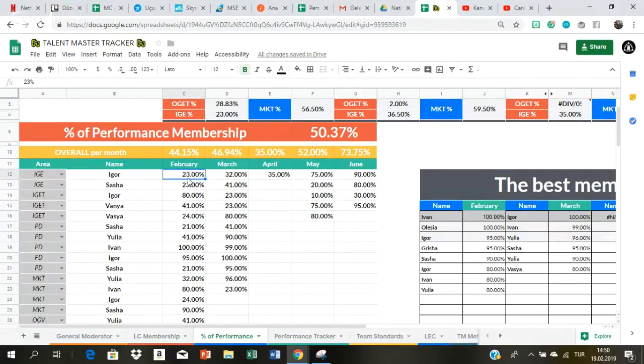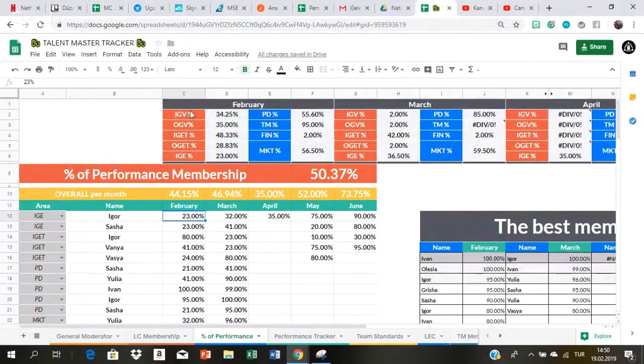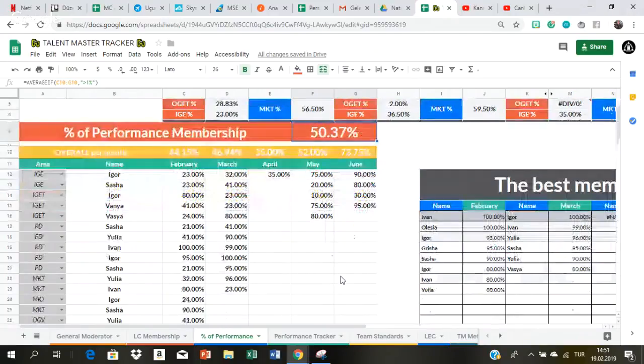The system will give you, for the month, exactly in each functional, what your percentage is, and also the general percentage. Okay, it's very important. Month by month it will take the average, and you will be able to understand what average performance you have. Okay, I hope we are on the same page.